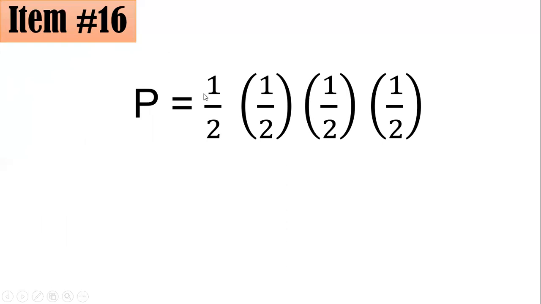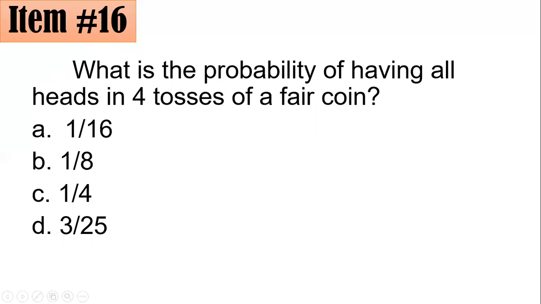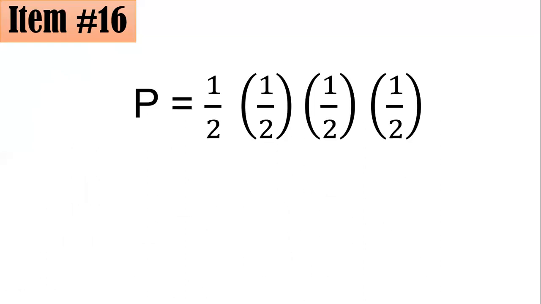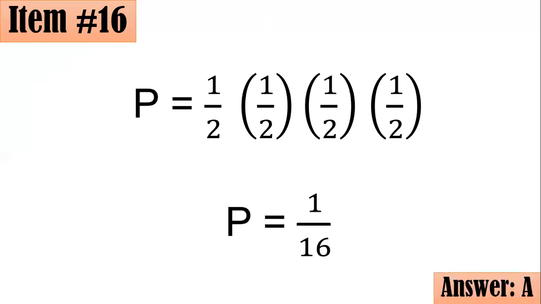The probability that the second, third, and fourth tosses are heads is also 1/2 each. And we have to multiply all of them. Hence, the probability that all heads will come up will be 1/16, and that is letter A. Well, I hope you got it correctly.